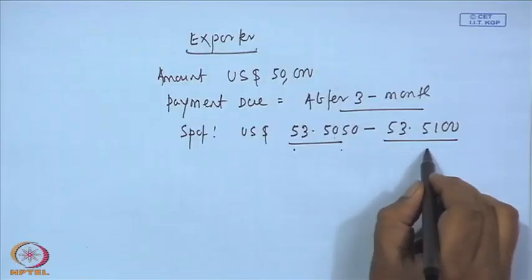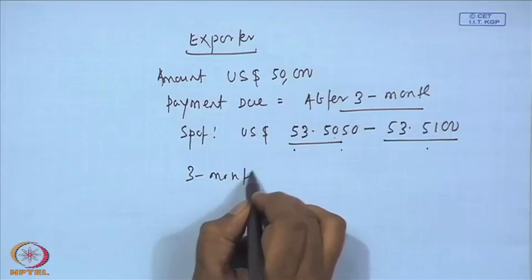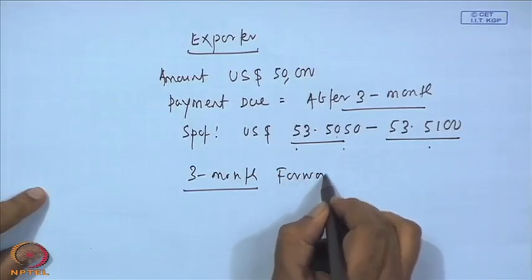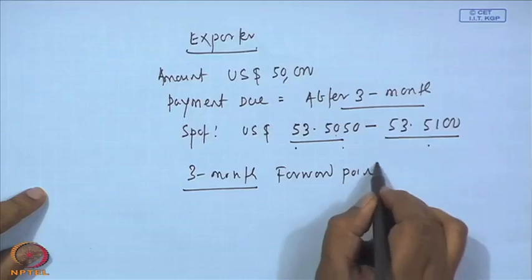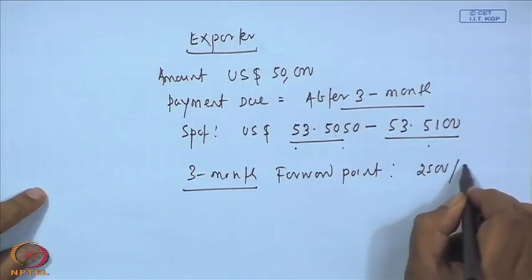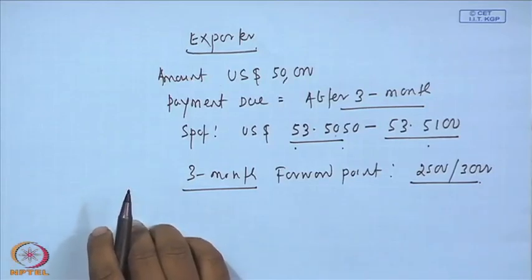The information available to the bank is the spot rate and the 3 month forward points, rupee dollar 25 and 30, a 3 month forward premium.